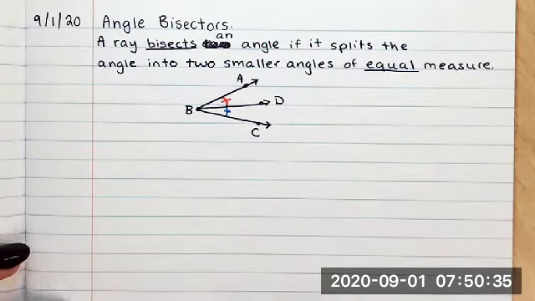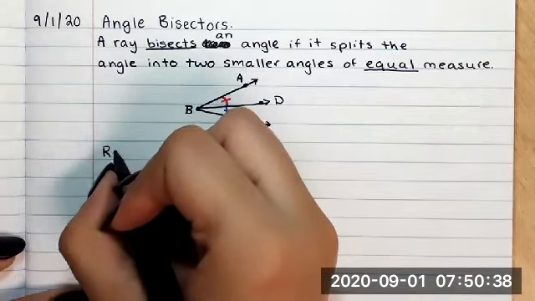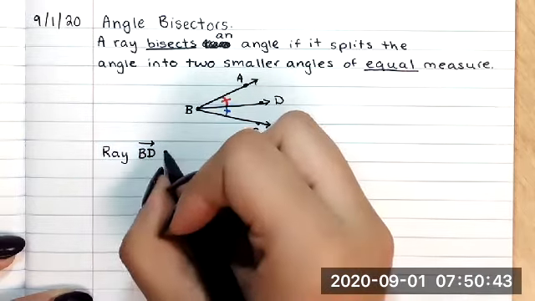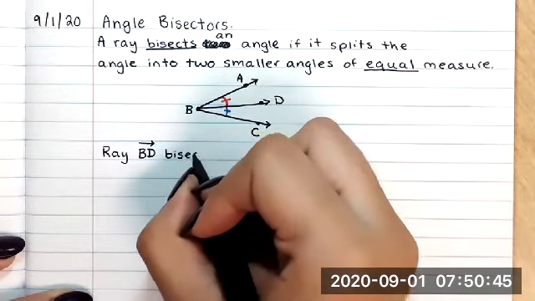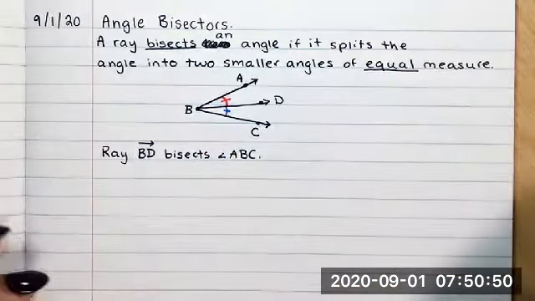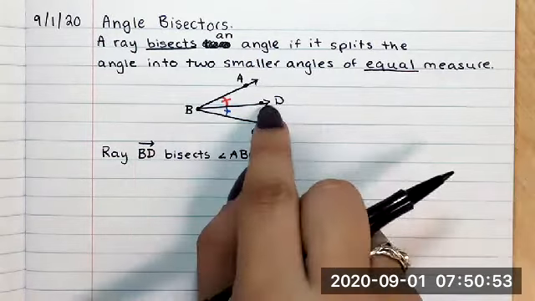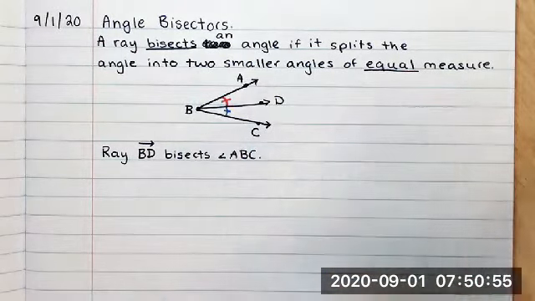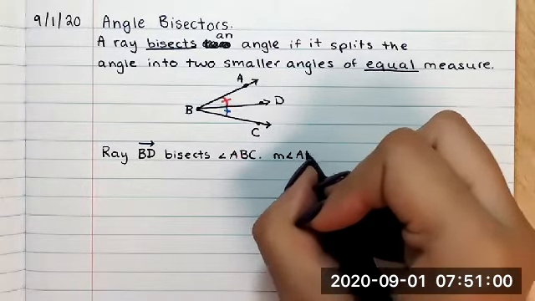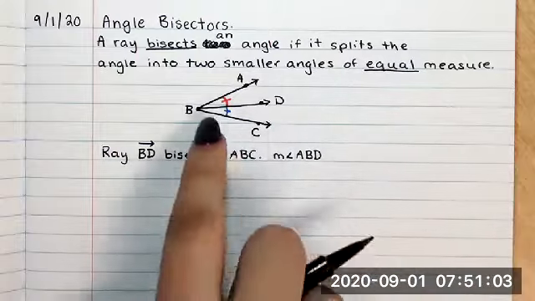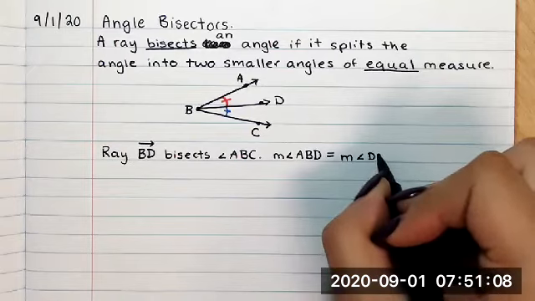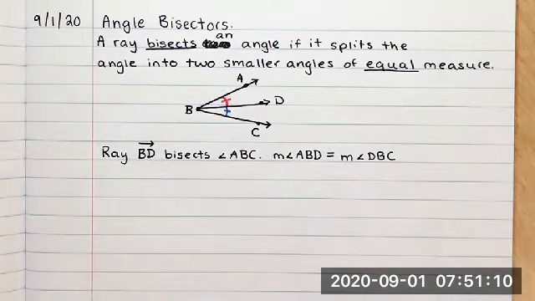So we might say ray BD bisects angle ABC. And because this ray is cutting angle ABC into two equal pieces, that means that the measure of angle ABD in red here is equal to the measure of angle DBC, with that one being in blue.